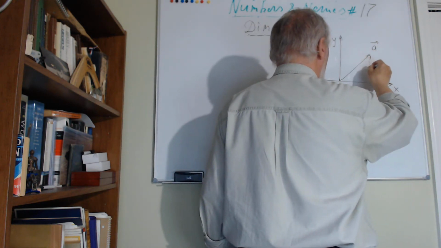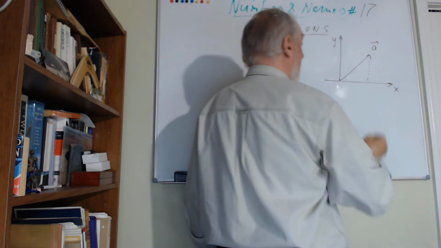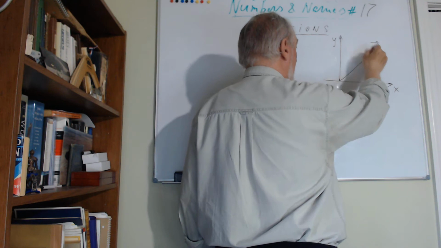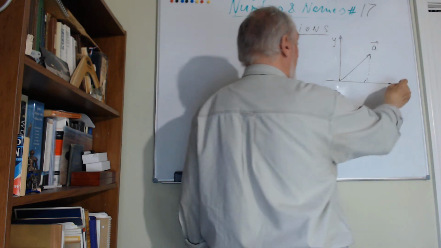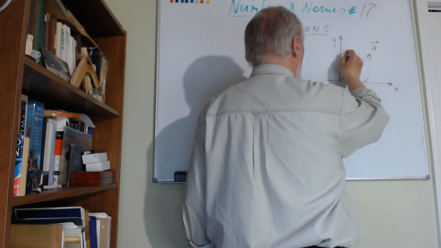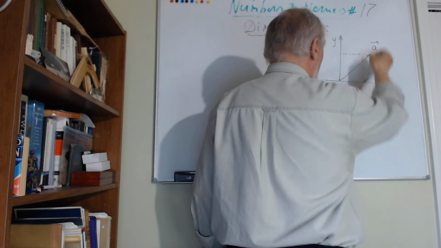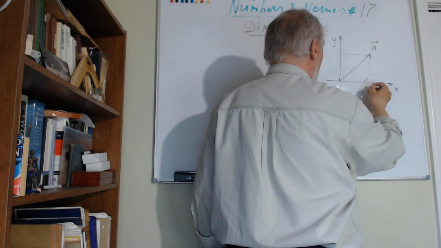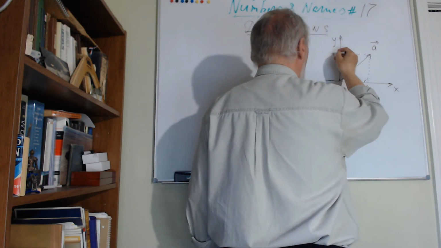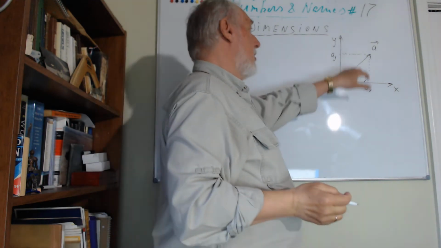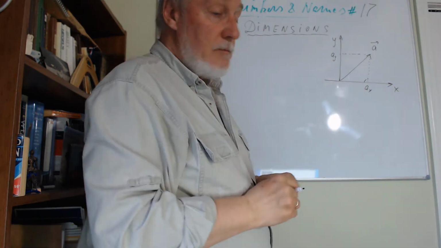We pass perpendiculars from the end of the vector to the axis x and then to the axis y. When we do this, these are called components, or sometimes coordinates, of the vector A.